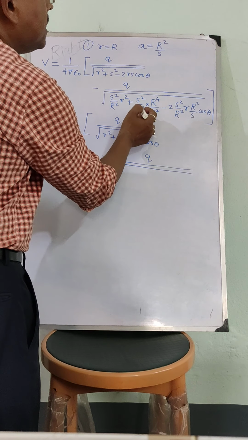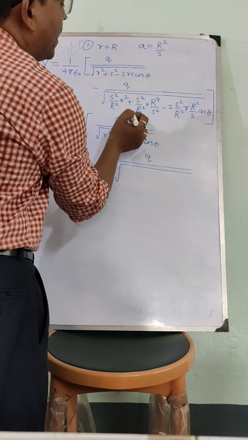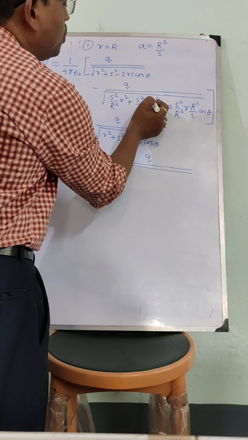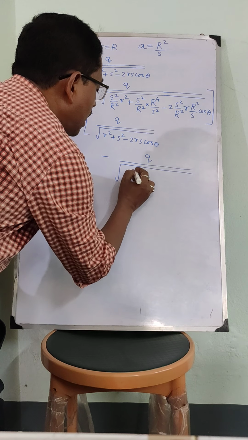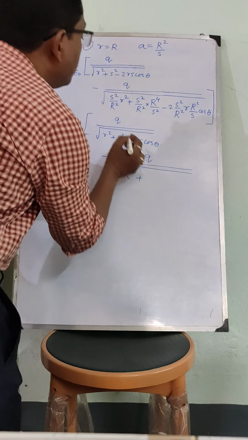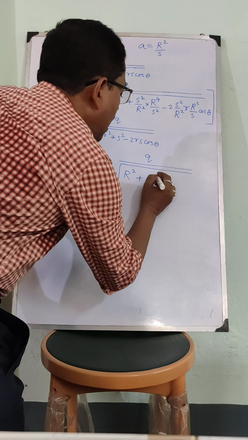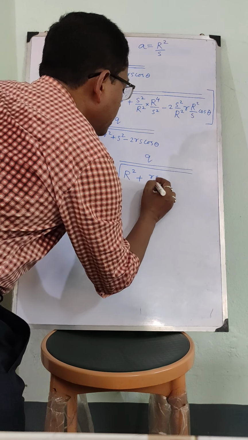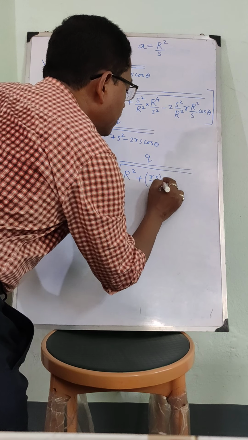Now I will write this term first. Here s square cancels. Now I have r to the power 4 r square, so I will have capital R square plus rs by capital R whole square.